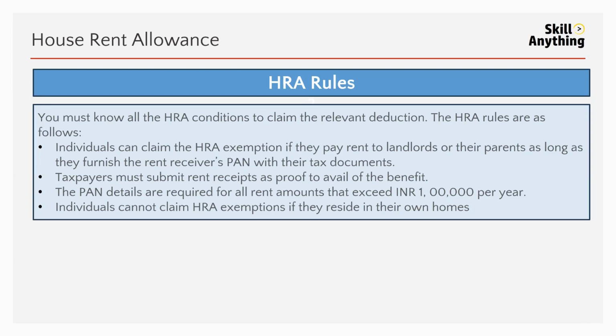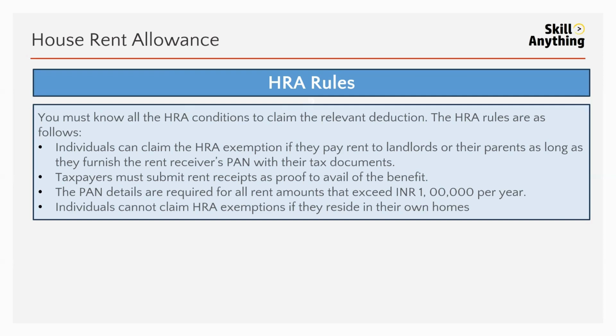PAN details are required for all rent amounts that exceed 1 lakh. If your rent per annum exceeds 1 lakh, then the PAN detail of the landlord is compulsory. An individual cannot claim HRA exemption if they live in their own house.